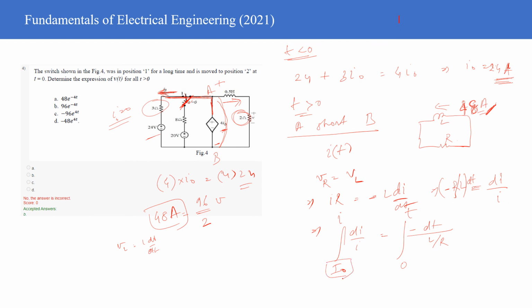So I'm deriving it for a general case. If you solve it, the current I equals I naught e to the power minus t R by L.